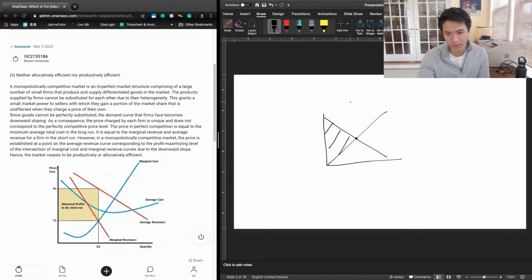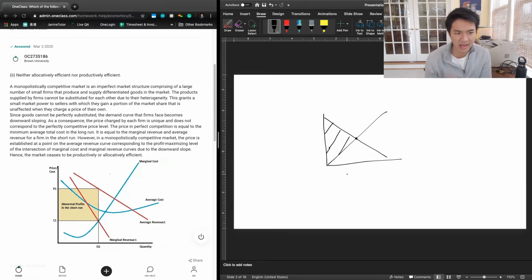So anytime we deviate away from a perfectly competitive equilibrium, such as in the case of a monopolistically competitive firm, we are deviating away from allocative efficiency, because this is the only maximum allocatively efficient point.